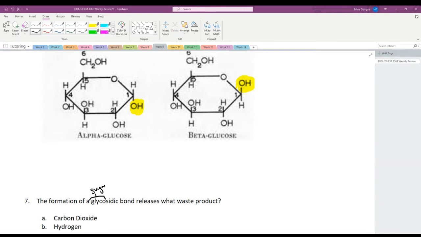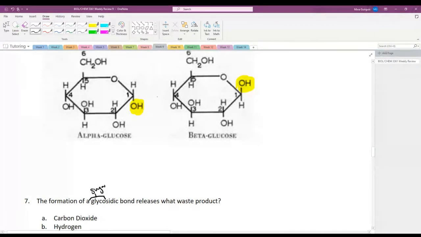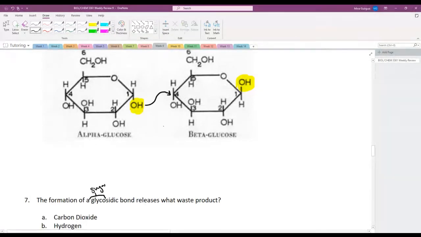So what's going to happen is fairly similar to what happened originally. A hydroxyl group will come and attack the carbon. Right, and I'm drawing 1 and 4 because 1 and 4 is a very common kind of binding, a very common bond. A 1,4 glycosidic bond is very common.